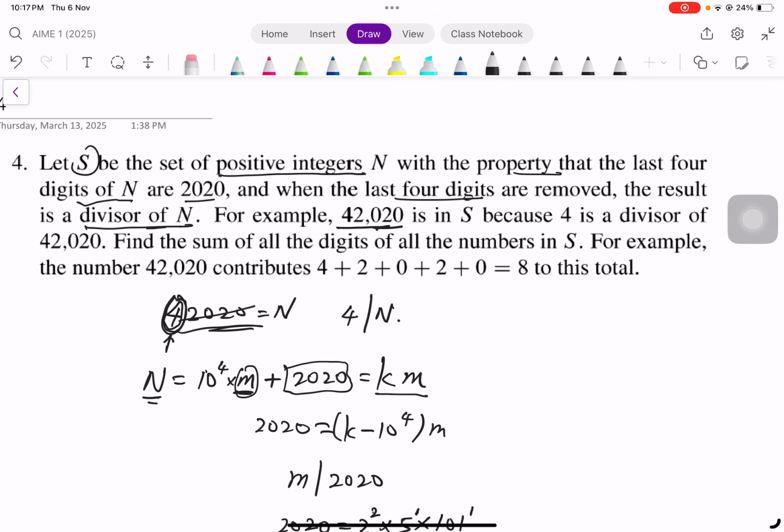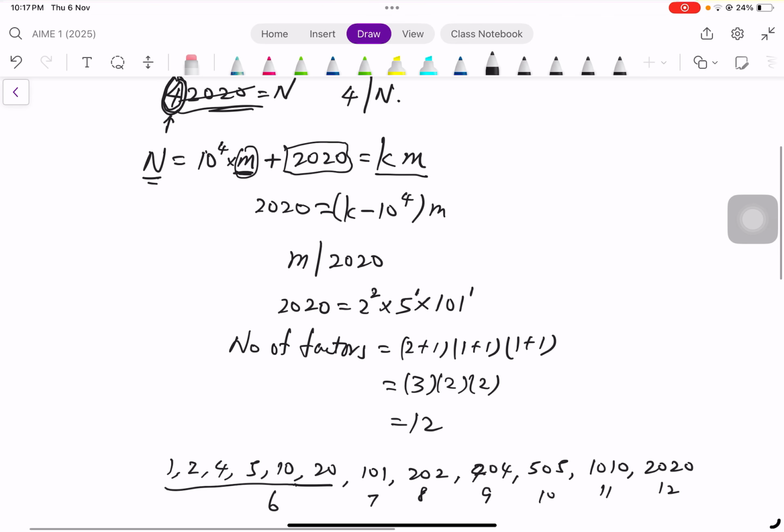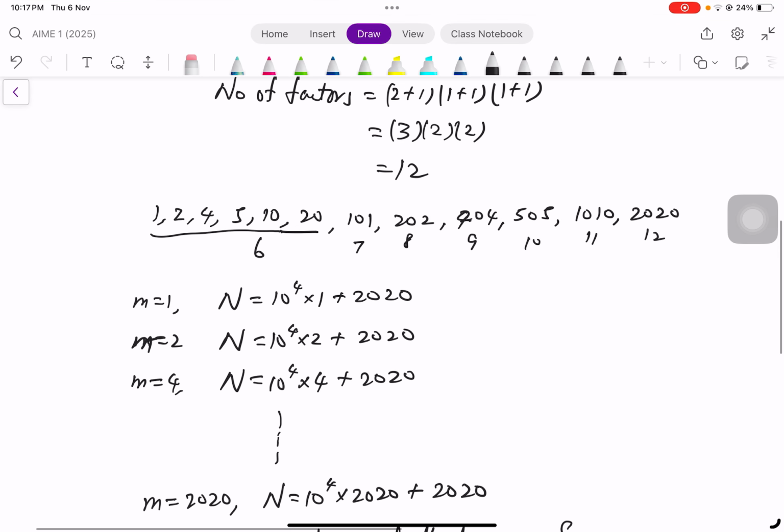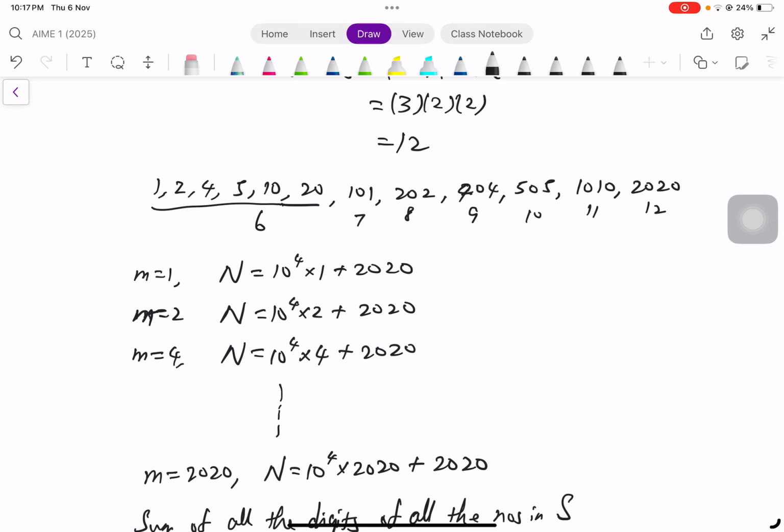That means we are looking at the collection of all such big N. If you look at this part carefully, this is 1, 2, 4, and the next one is 5.